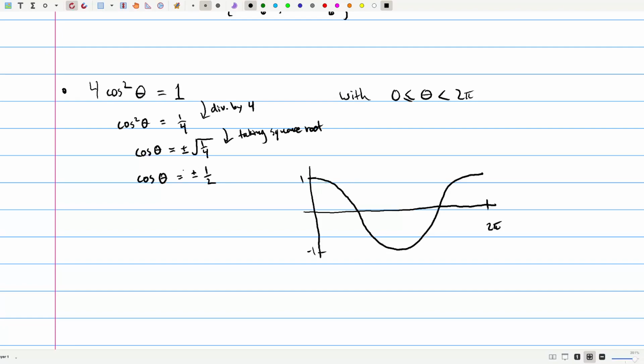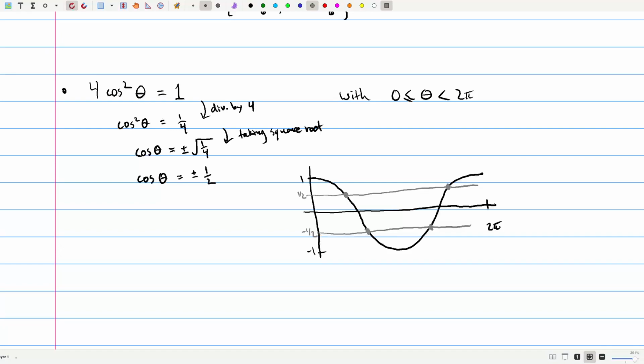And then we want to know when it's either positive 1/2 or negative 1/2. So 1/2, minus 1/2, and that gives us 1, 2, 3, 4 different solutions. Now it's just a matter of figuring out what those are.